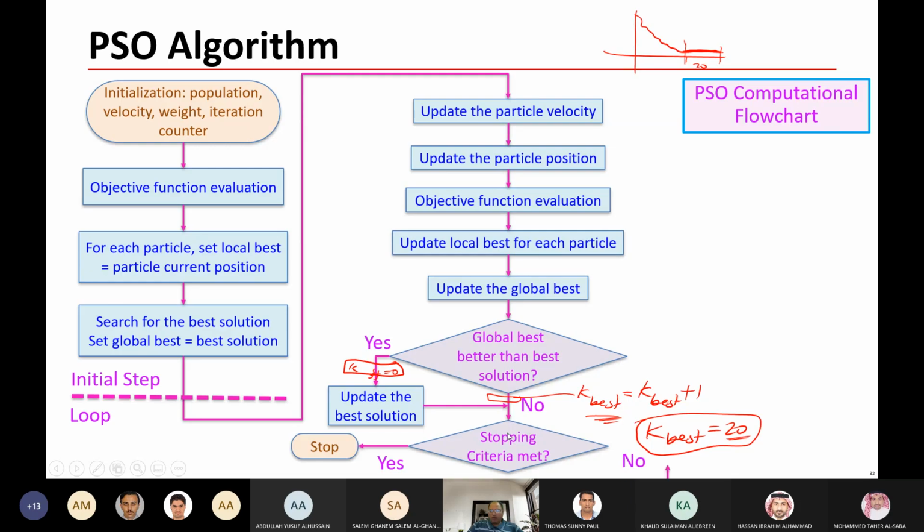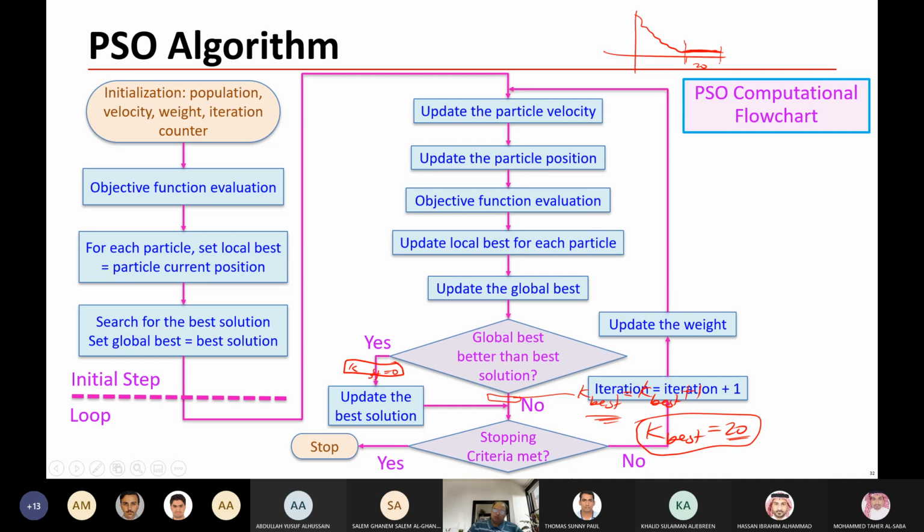Otherwise, you update the iteration counter, iteration equal to iteration plus 1, and then you also update the weight, whatever the rule you use here, and you go back. After updating the weight, you go back to update the velocity again and again. So this is the flow chart of the procedure of the PSO algorithm.